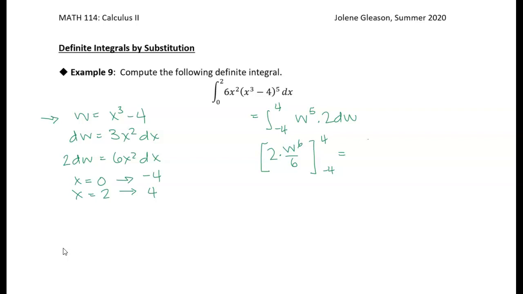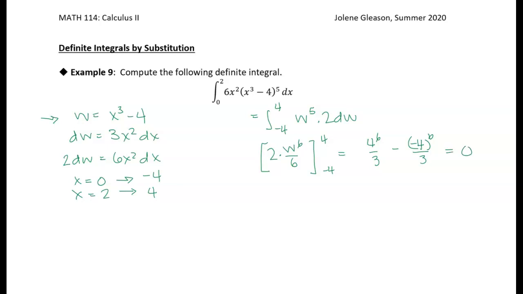So we're going to get 4 to the 6th over 3 minus, again we have w to the 6th over 3, so it's basically minus -4 to the 6th over 3. And because this 6th power is even, -4 to the 6th is the same as 4 to the 6th. So what we'll end up with is 0.